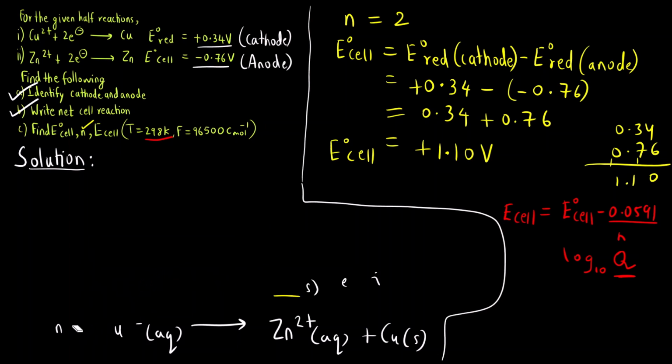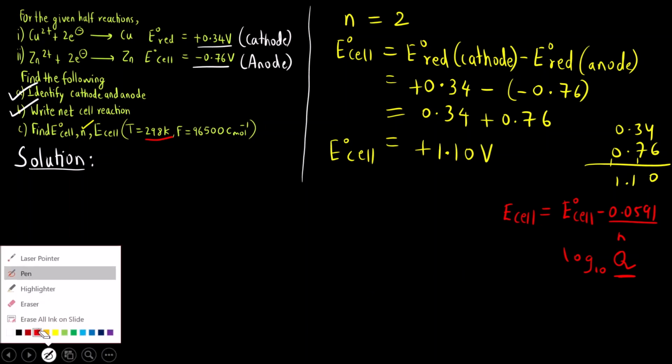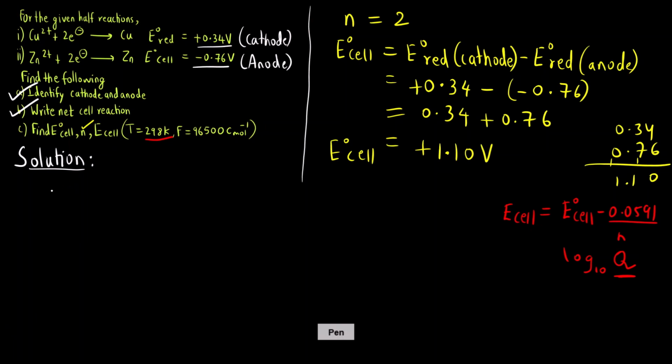So what is Q? Q is the concentration of products divided by the concentration of the reactants. Q will be the concentration of products. In the net cell reaction, what was it?